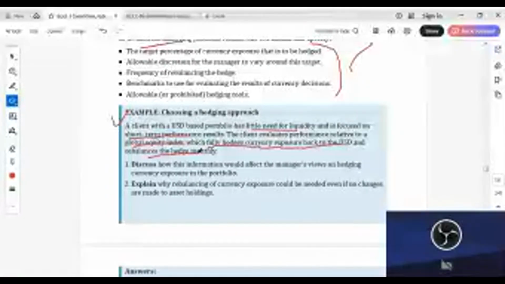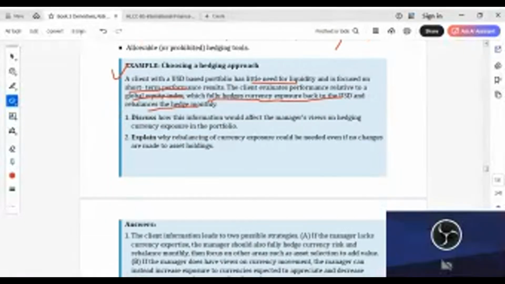Why could rebalancing be needed even if no changes are made to asset holdings? That will be needed because values will change. Just go through the answers.